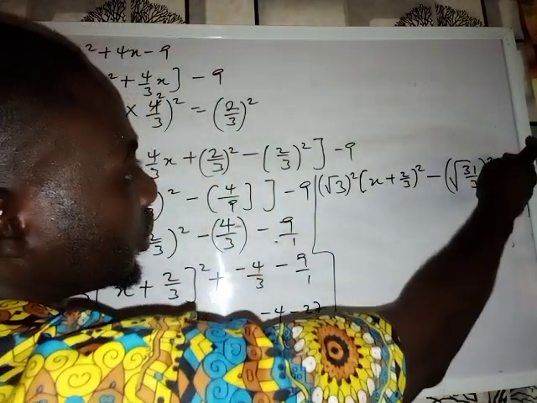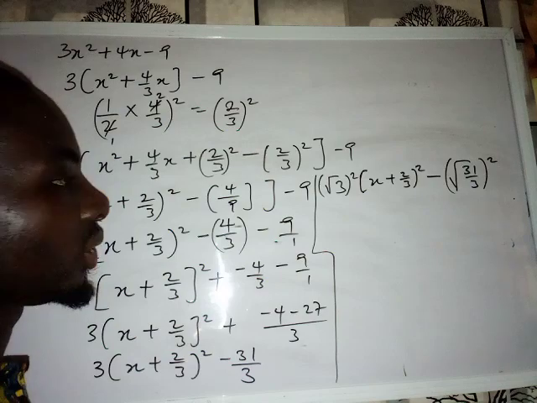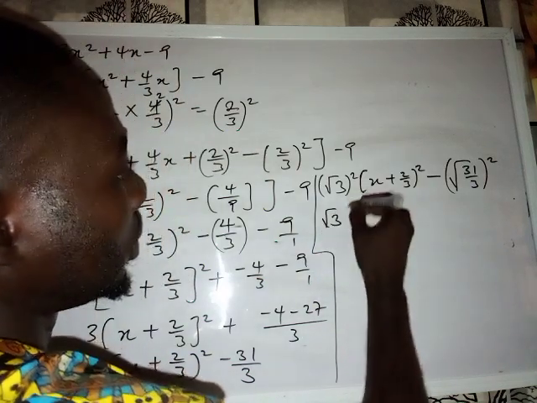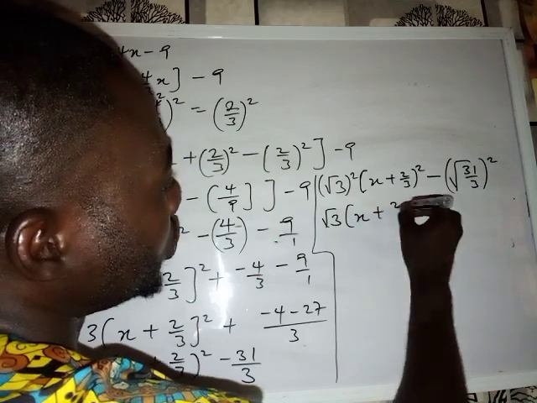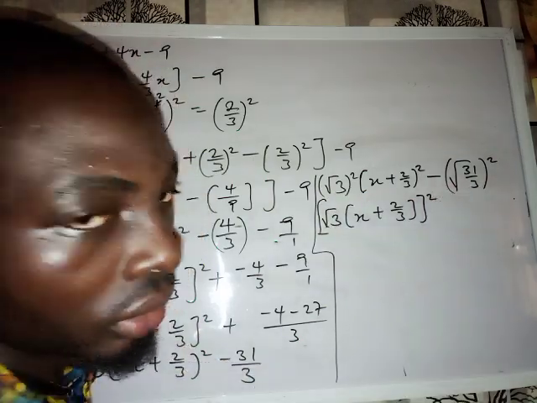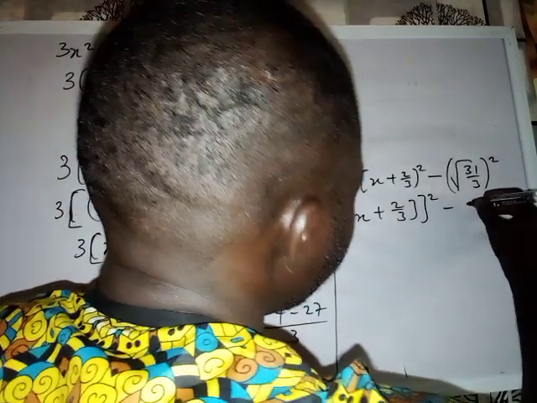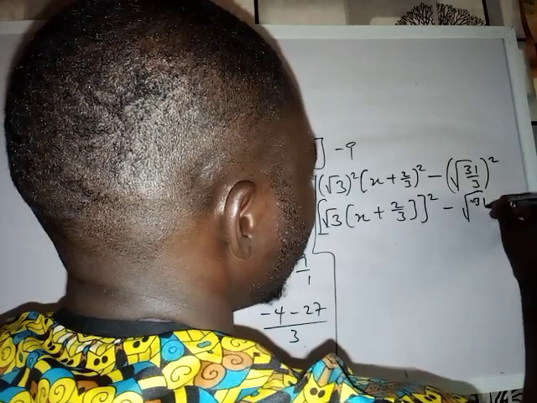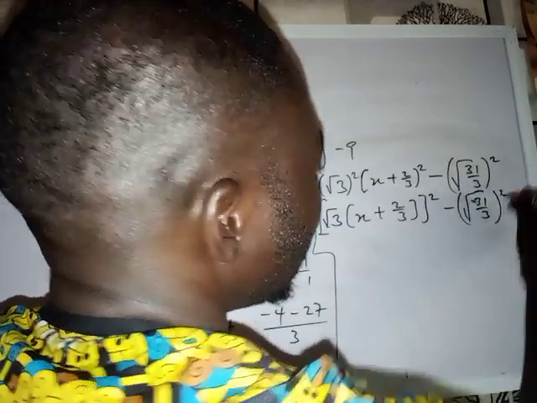Now this can be combined: root 3 times x plus 2 over 3, all square, minus square root of 31 over 3 all square.